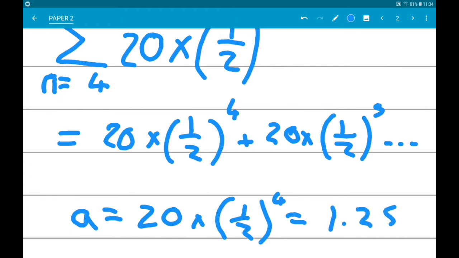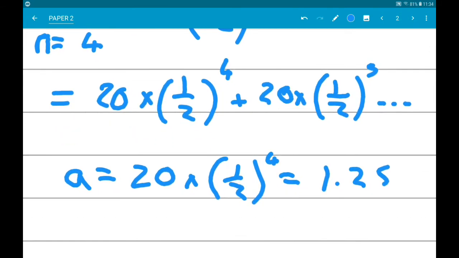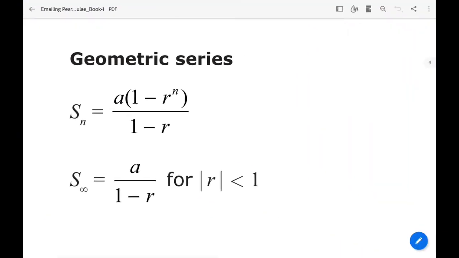And then the common ratio r, so what we're multiplying by from term to term is 1/2. Now we are given the formula for the sum to infinity, so it's a over 1 minus r.